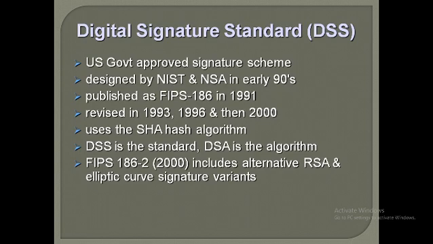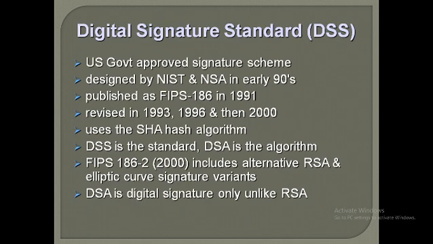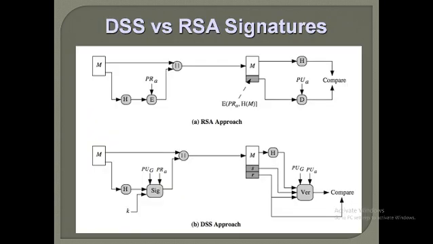It can serve as an alternative to RSA and elliptic curve signature variants. DSA is a digital signature only, unlike RSA, which is an encryption algorithm, but it is a public key technique similar to RSA. There are two versions, DSS and RSA.